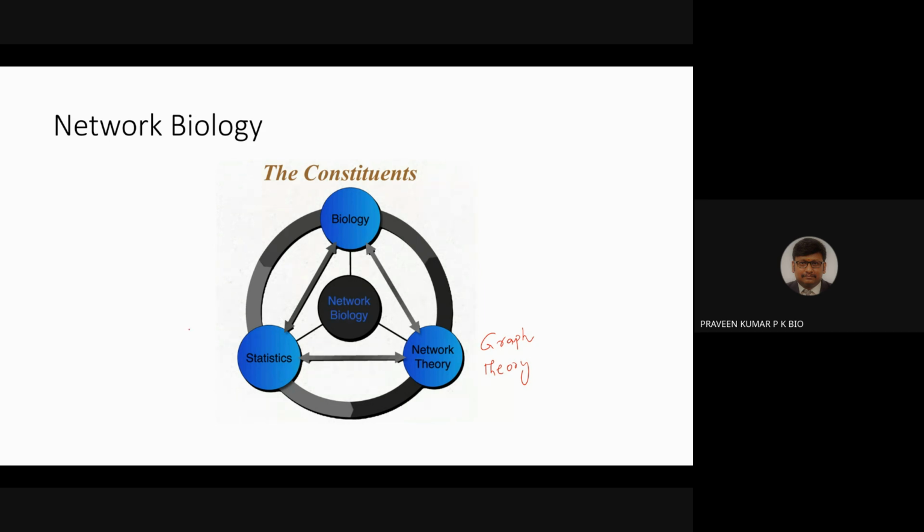Now, if you see network biology, we link it with network theory, in the form of graph theory, and we also link statistics. The study of these three subjects together we call network biology. Even in protein networks, one protein is linked with thousands of proteins in the database.